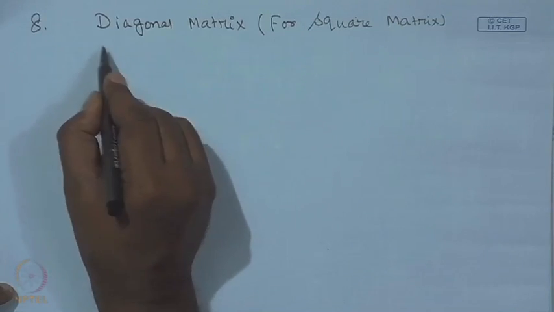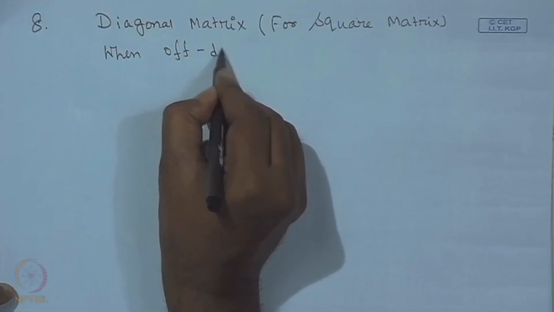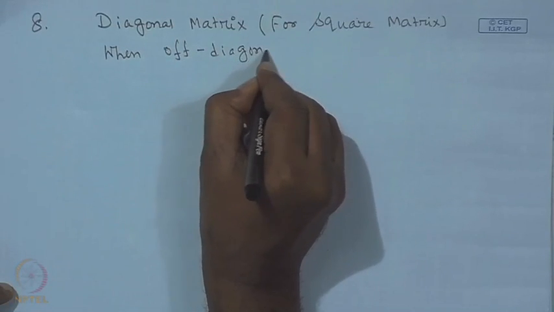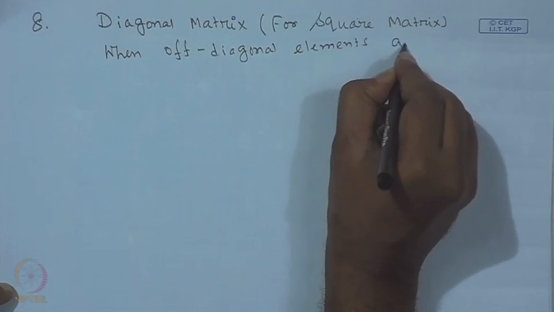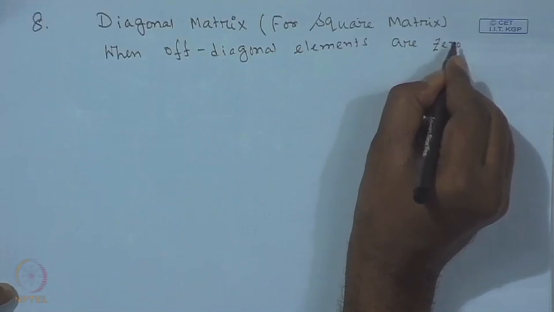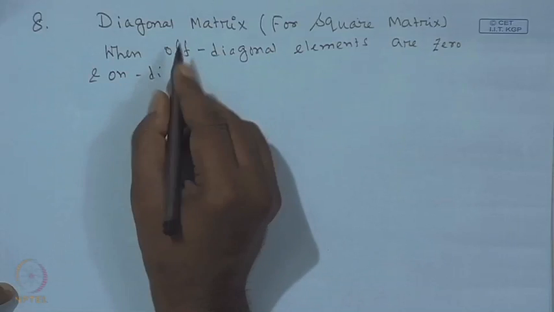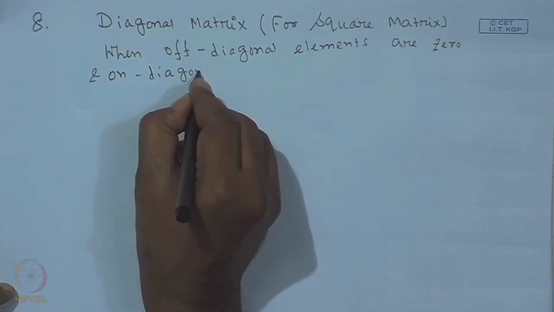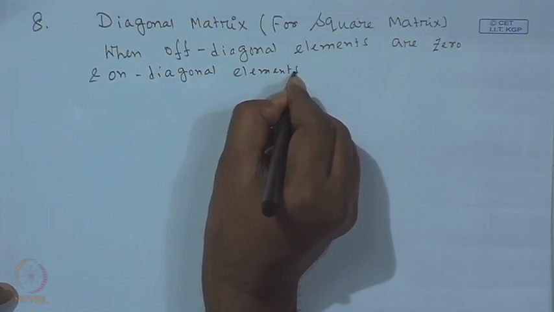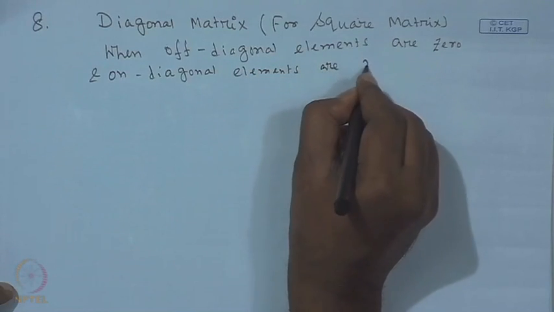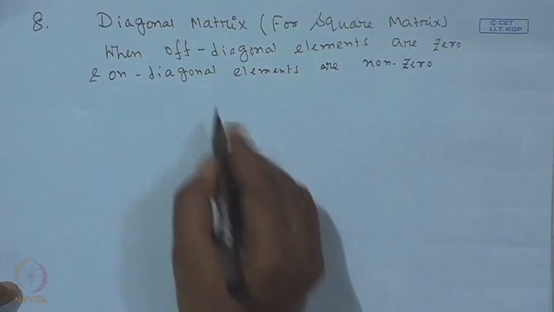What is a diagonal matrix? When off diagonal elements are zeros and on diagonal elements are non-zero, then the matrix is called a diagonal matrix.